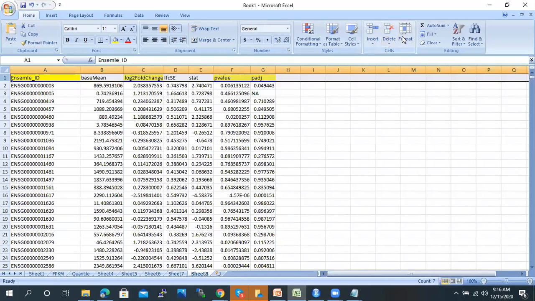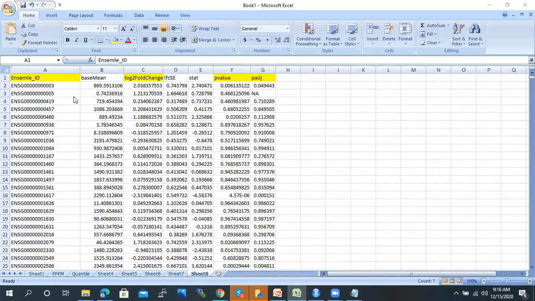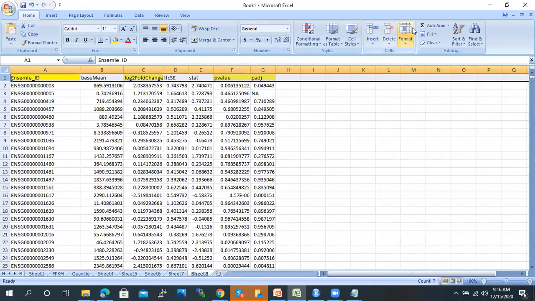You can always sort these genes and set a filter.